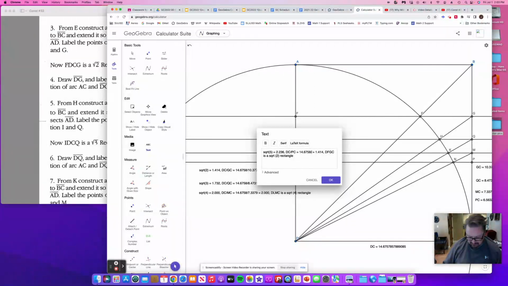So 14.6758 divided by 6.5632. And this equals 2.236. So then DOPC is a root 5 rectangle.